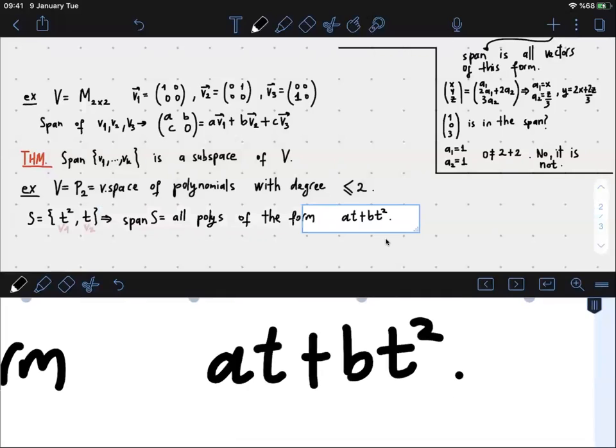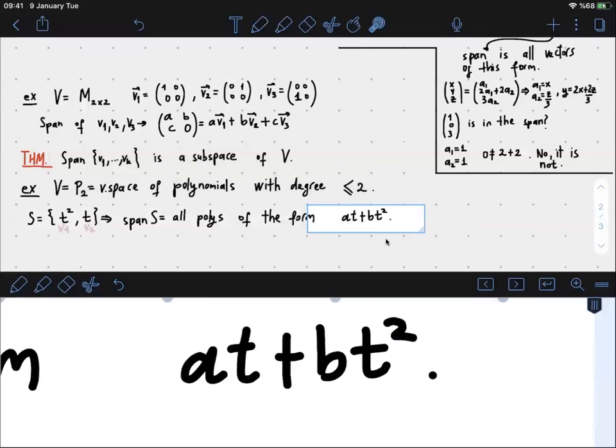For example, 2t plus t squared is in the span. 4t is in the span. 5t minus t squared is in the span. But 1 plus 2t is not in the span, right? Because to be in the span, the constant term should be 0. There is no constant term here. So the polynomial must be at most second degree, and the constant term must be 0 to be in the span.